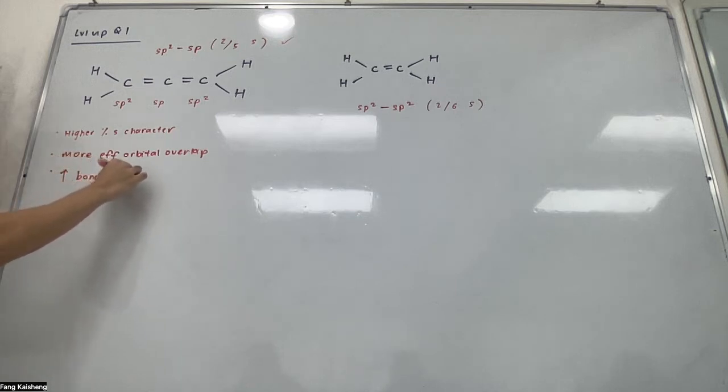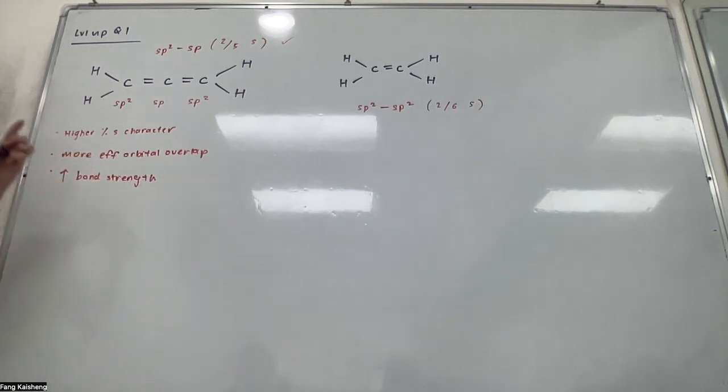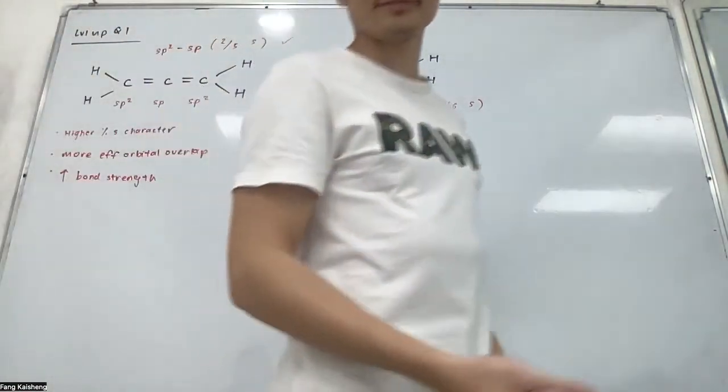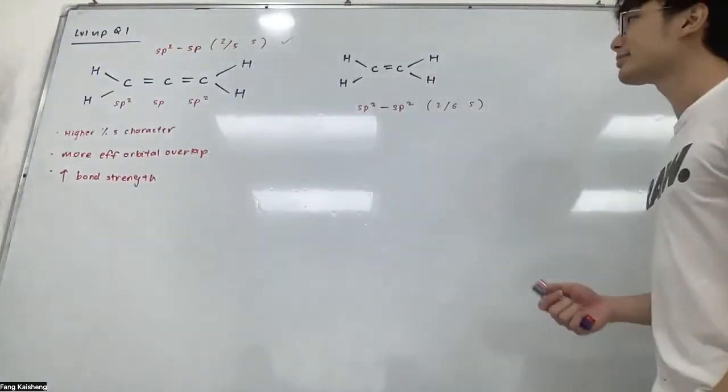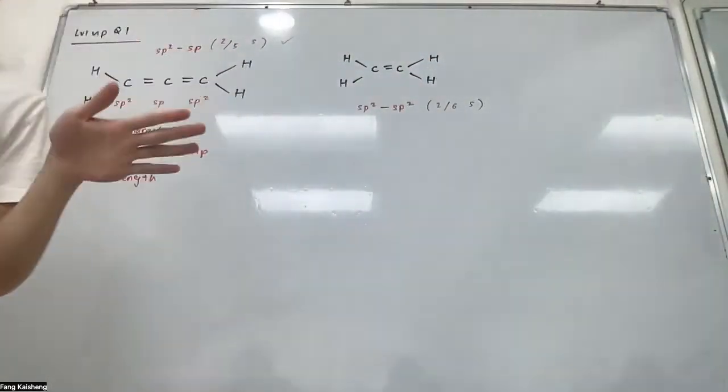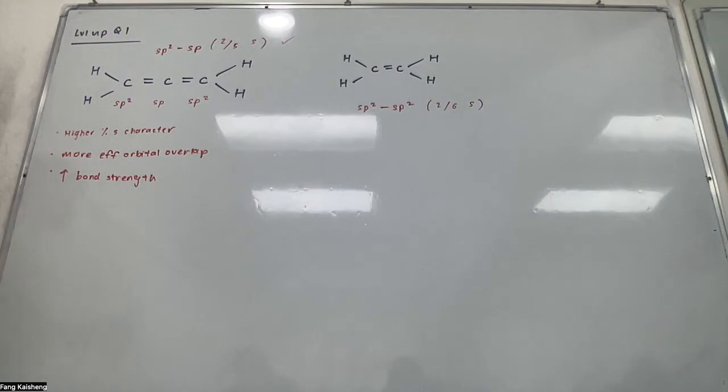This is something you are required to explain. When you talk about the percentage of S character, you are linking it towards effectiveness of orbital overlap. That's how you always explain bond strength factors. So the first statement is definitely correct, right? All good. We look at the second point now.